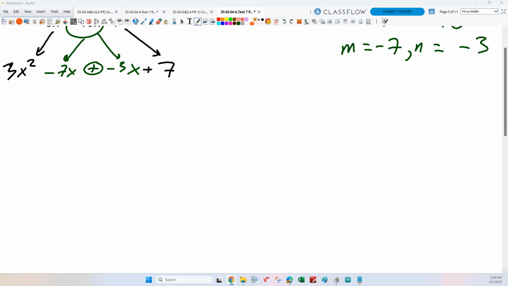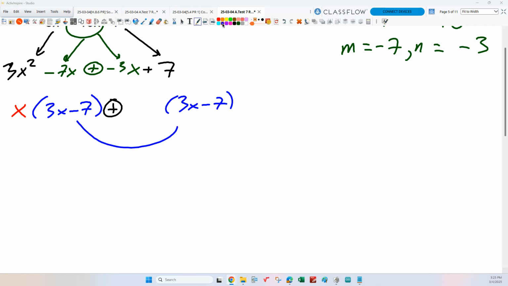So group 1, what do I do? Take out an x. And then that leaves behind what binomial? So what do we know, what do we do first in group 2? And what would have to be out front for that to work?